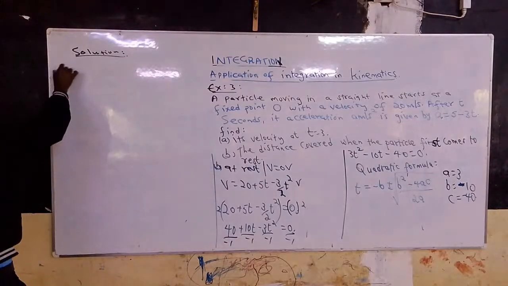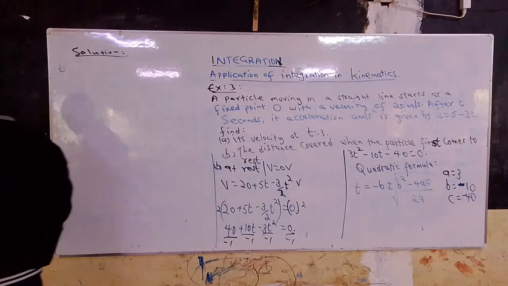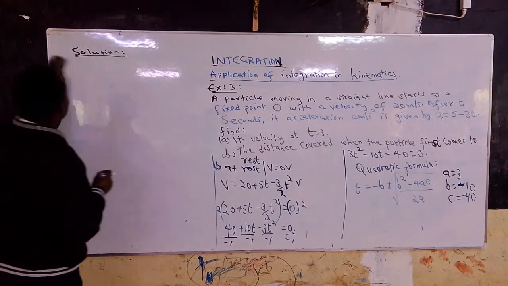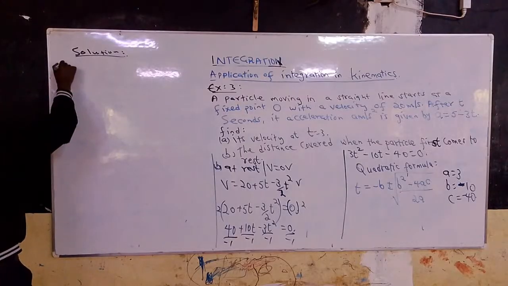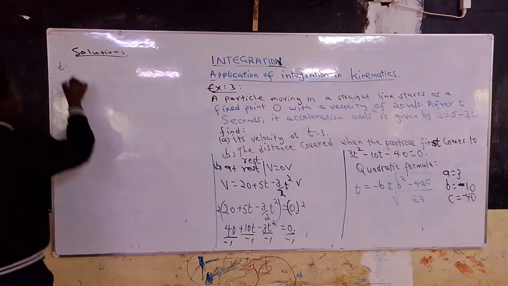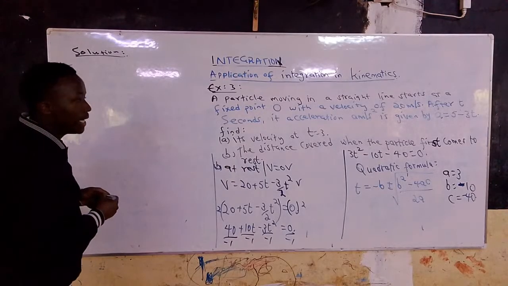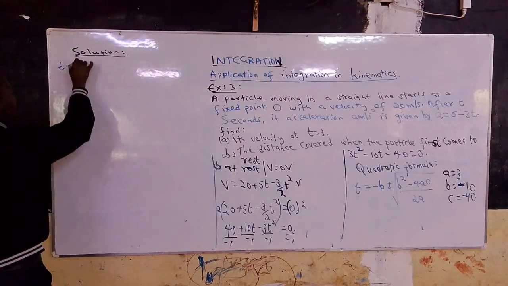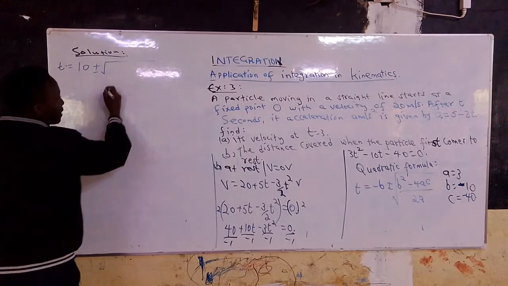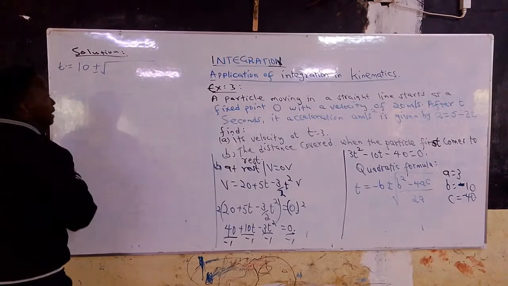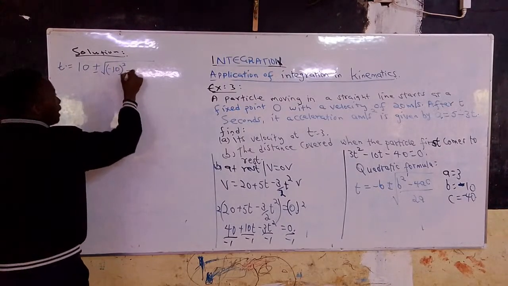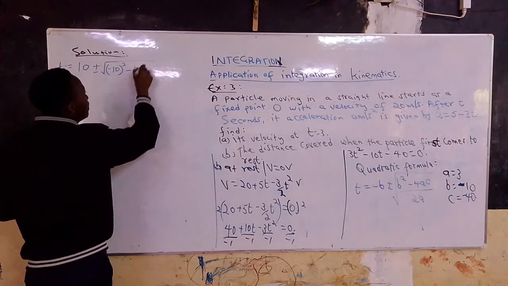So we will say t is equal to minus b, which will be minus 10, so it will be 10 plus or minus the square root of b squared, which is negative 10 squared, minus 4ac.